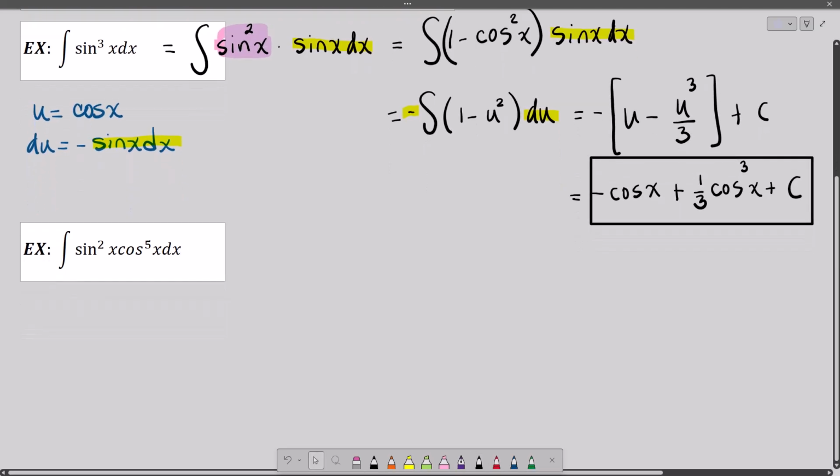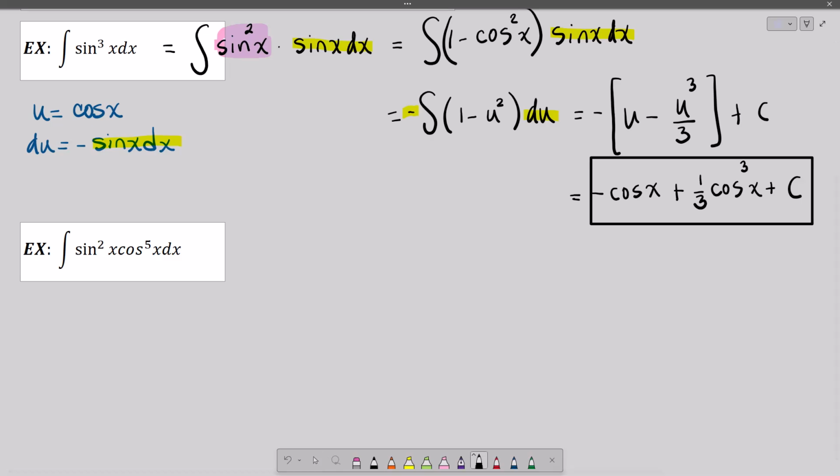Okay, let's look at this one. So we have a product of sines and cosines. One of those functions has an odd power. So we're going to pull one off and convert the leftovers. So the sine squared is just sitting there. We're not doing anything with it yet.